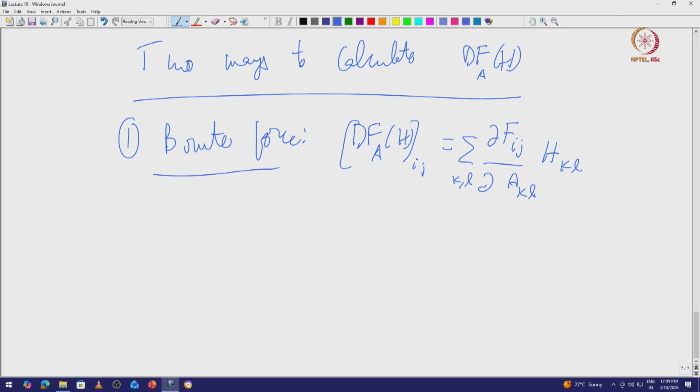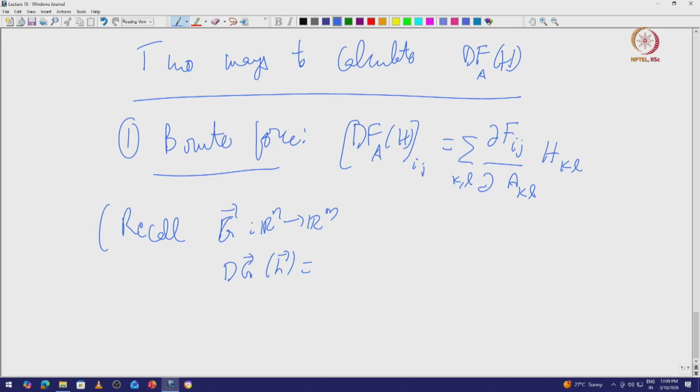Let's recall, suppose you have g, a vector valued function. If you take dg, this is a matrix acting on a vector h.